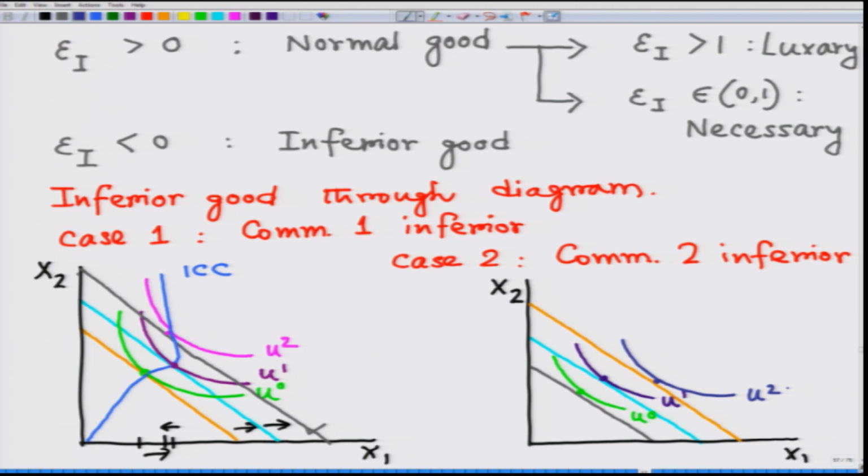So, if we join these equilibrium points, then we can get an income consumption curve something like this. So, it is again bending backwards, but this time with respect to the x axis or commodity 1's axis.